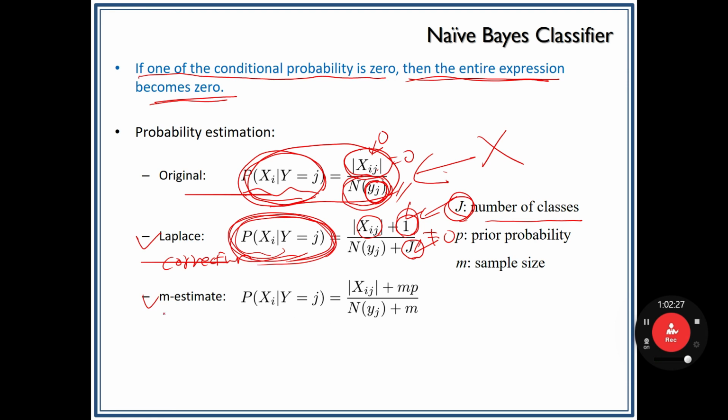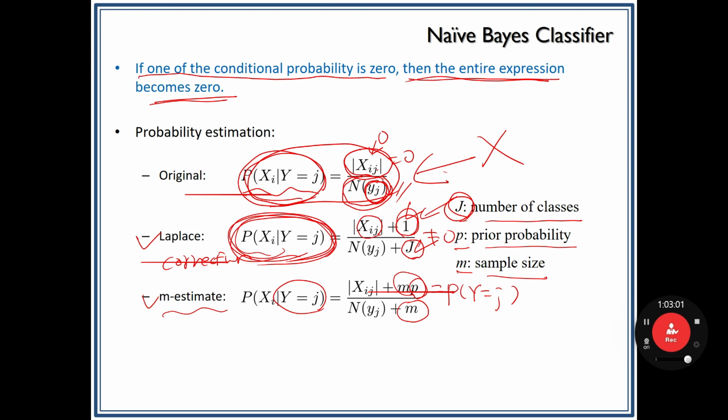And another way to make a correction is called M-estimate correction. The intuition and the scheme are the same, but we add mp to the numerator, where m is the sample size and p is the prior probability of this one, so p equals P(Y = j). And to the denominator, we add the number of samples.